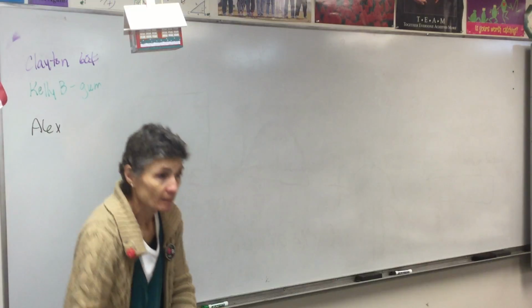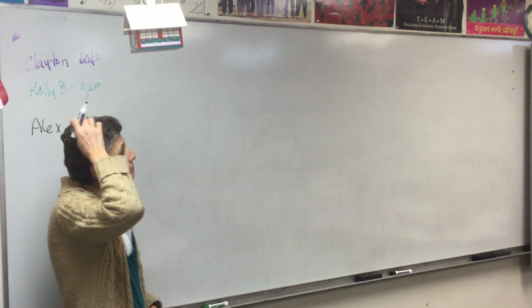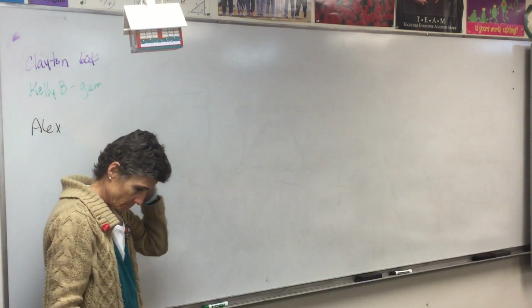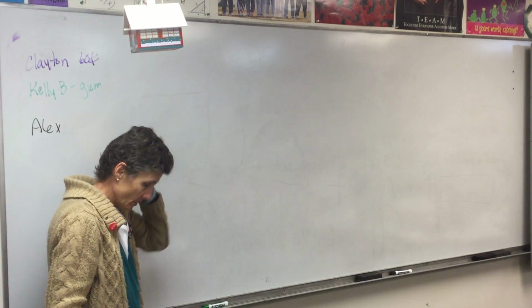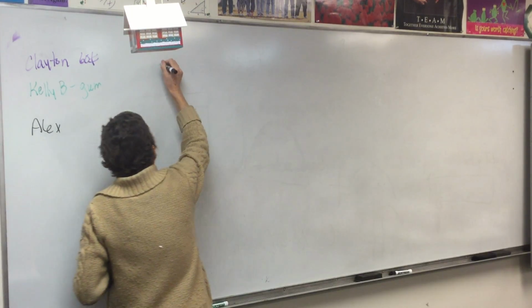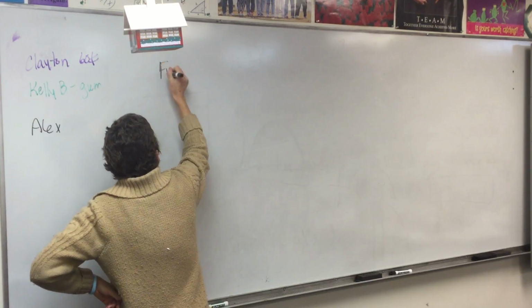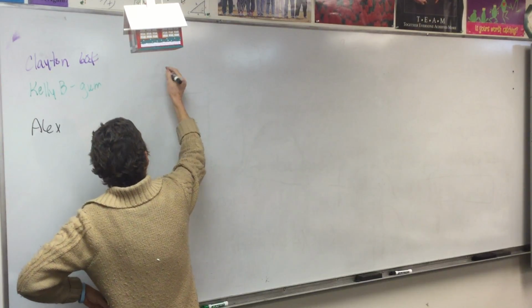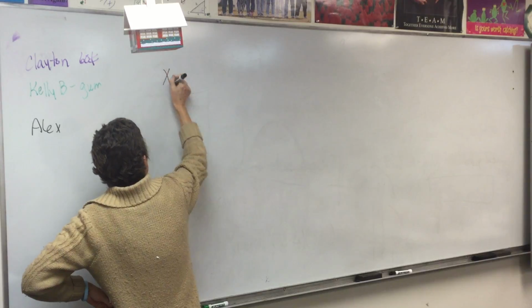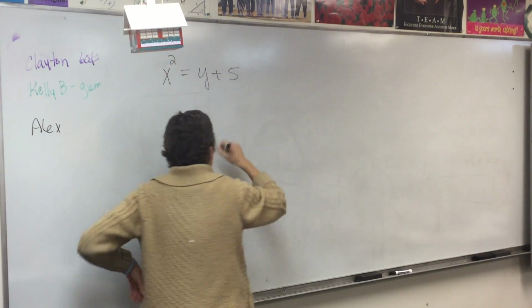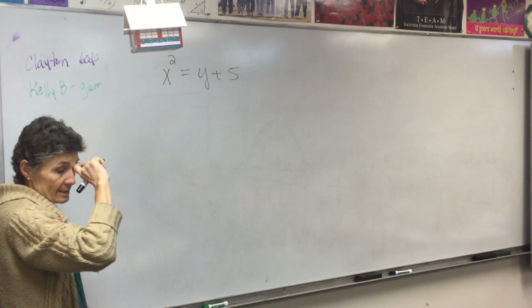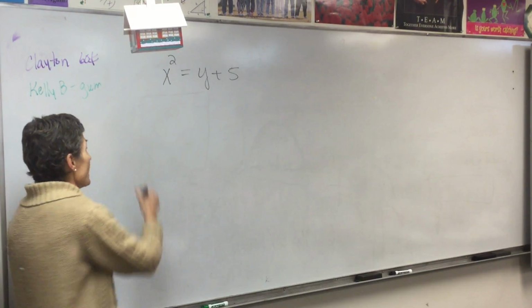Peyton: Can we do one where you have to change the sign on y, change the sign on x, or find the symmetries? Yeah. So here's an equation, let's say x squared equals y plus 5, and we want to know what symmetry this equation has.